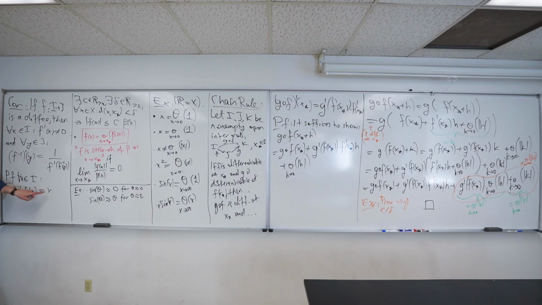Differentiating, this gives you 1. This gives you, by the chain rule, the derivative of the outer one evaluated at the inner point times the derivative of the inner one. This has to be equal to 1.